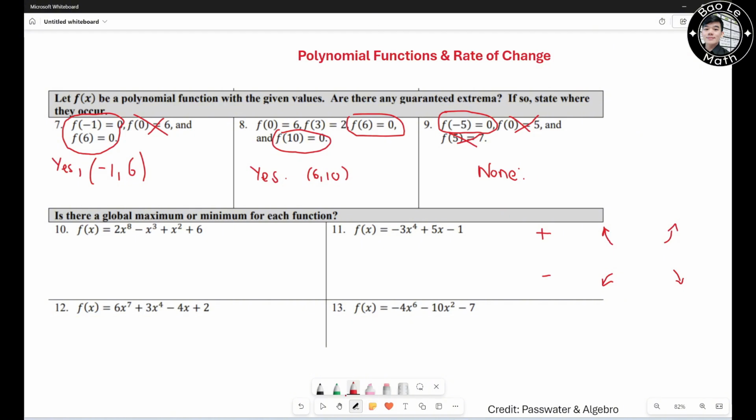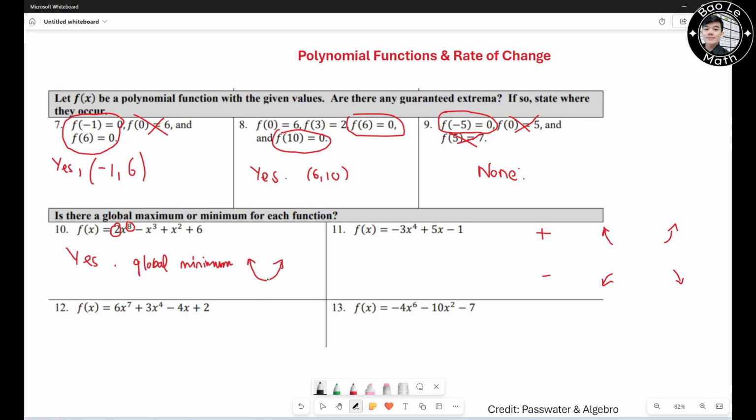Now we look at this one right here, we see that the leading coefficient is positive. And the highest degree is 8, which means even power. So, yes, there is a global minimum, right? It's going to be like this.